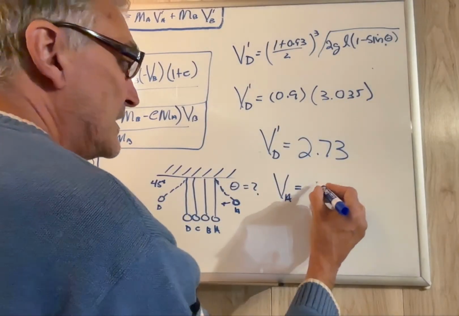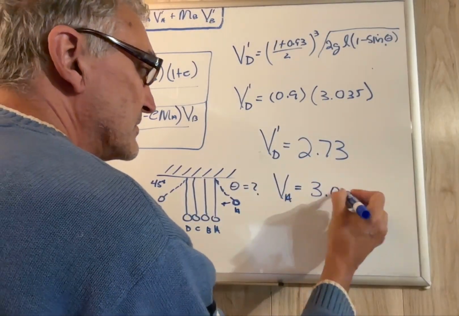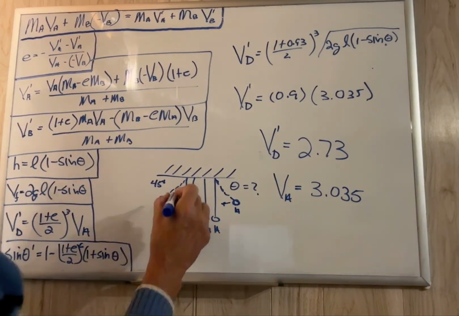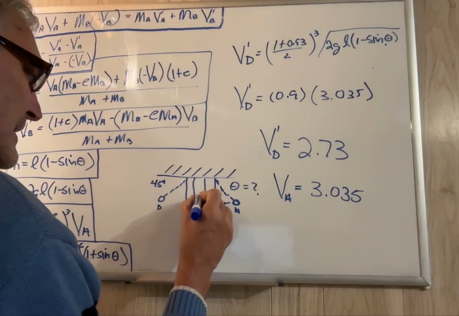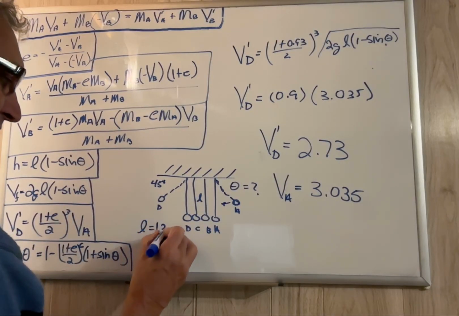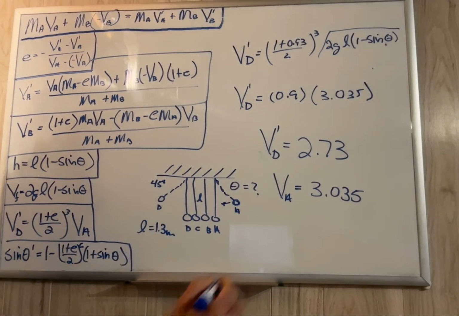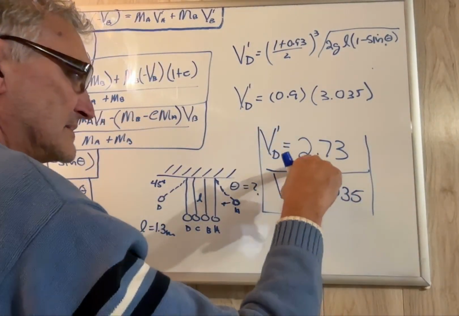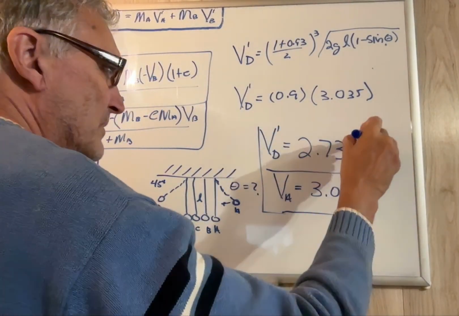I didn't really put this in meters or anything. I think earlier we said this length is equal to 1.3 meters. You can if you want to. I'm more or less looking at the fact that this number is 10% less than this number.